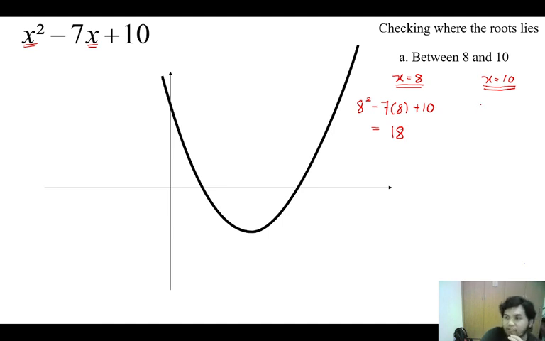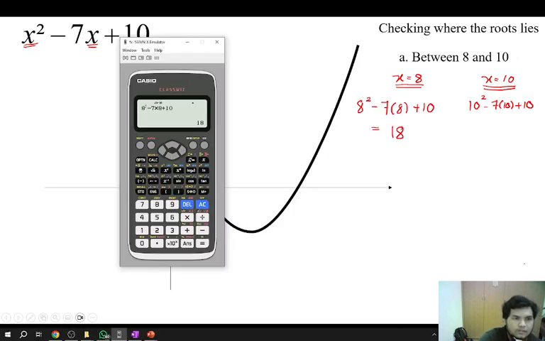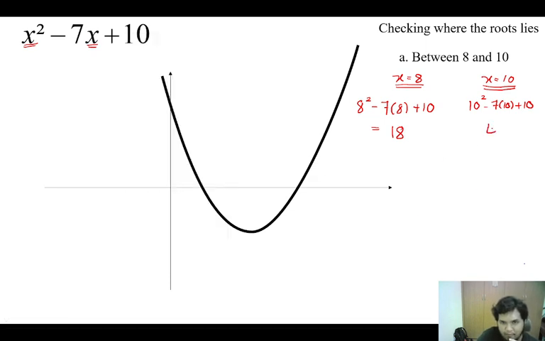Next we do the same thing with 10: 10 squared minus 7 times 10 plus 10. Using the calculator, we get 40. So now we have two answers with the same sign, the positive values 18 and 40.